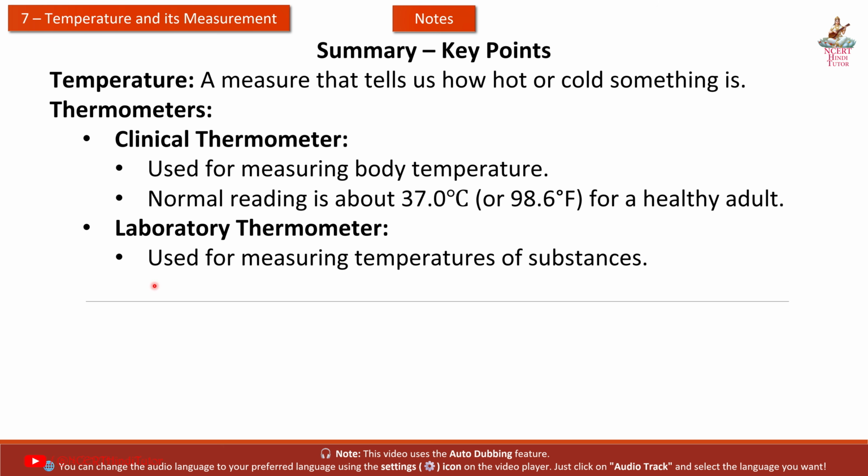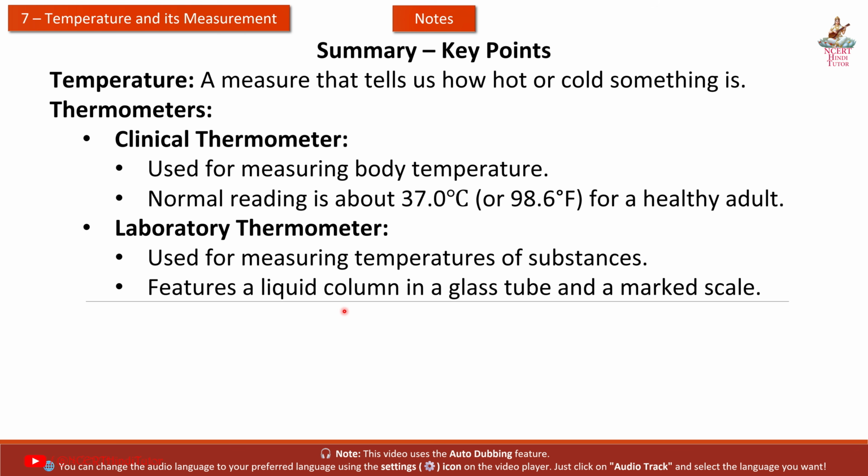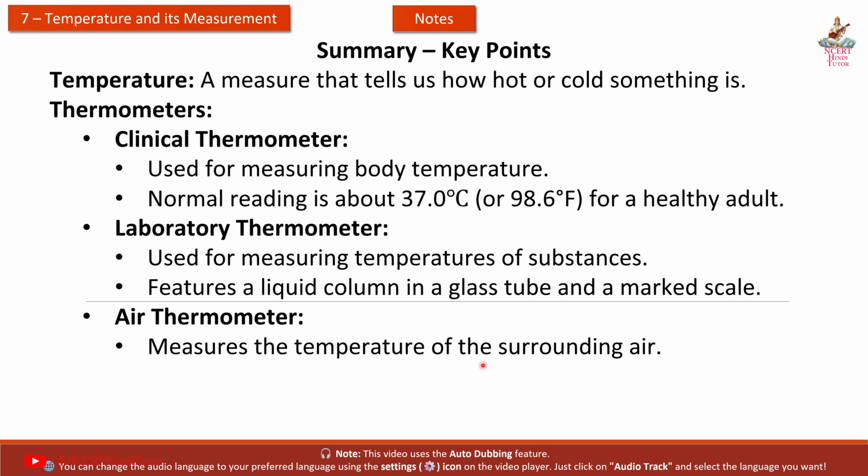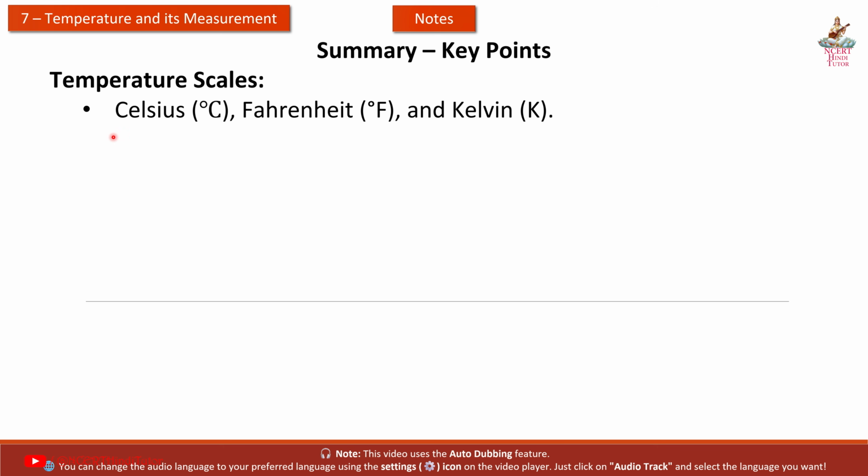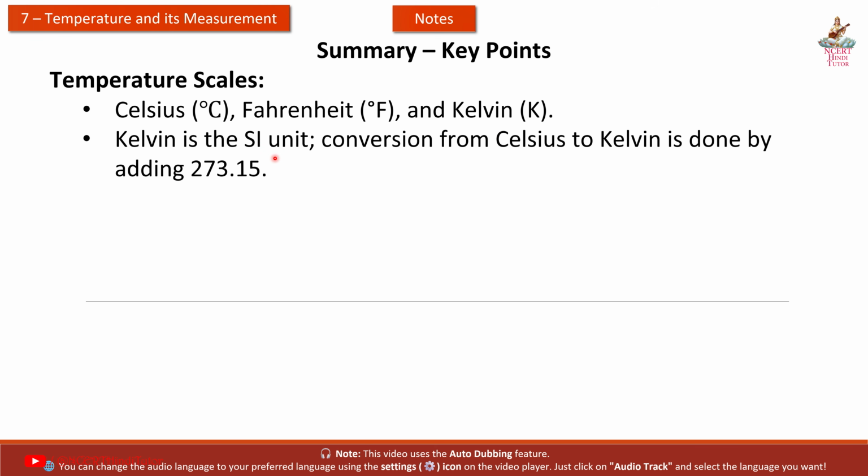Laboratory thermometer: used for measuring temperatures of substances, features a liquid column in a glass tube and a marked scale. Air thermometer: measures the temperature of the surrounding air, commonly used in weather monitoring. Temperature scales: Celsius, Fahrenheit, and Kelvin. Kelvin is the SI unit. Conversion from Celsius to Kelvin is done by adding 273.15.